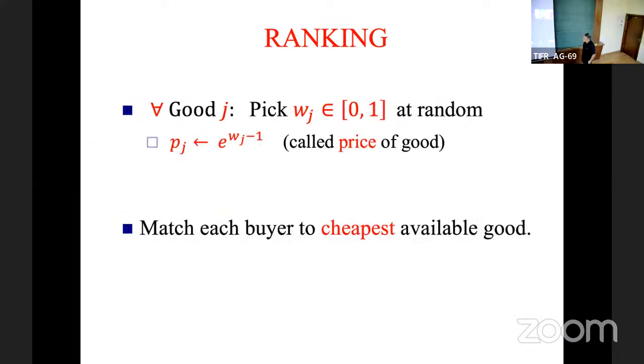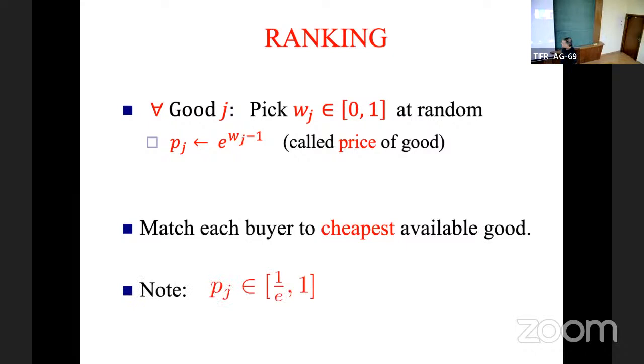Okay, so here's a statement of the algorithm ranking. Every good j picks a random number w_j from the continuous interval 0 to 1, and says that its price is e to the w_j minus 1.